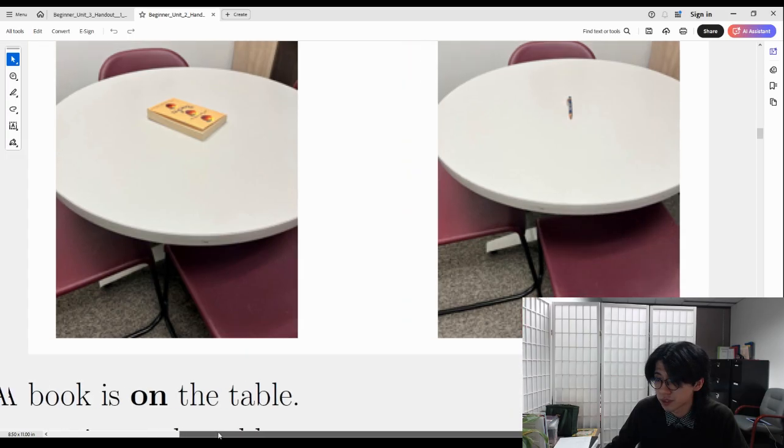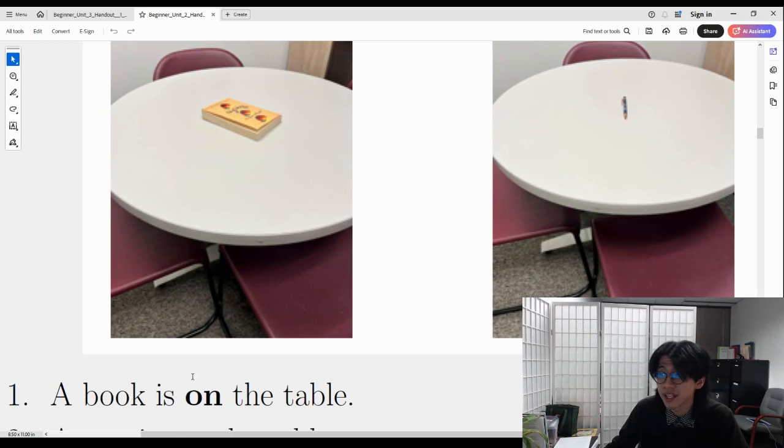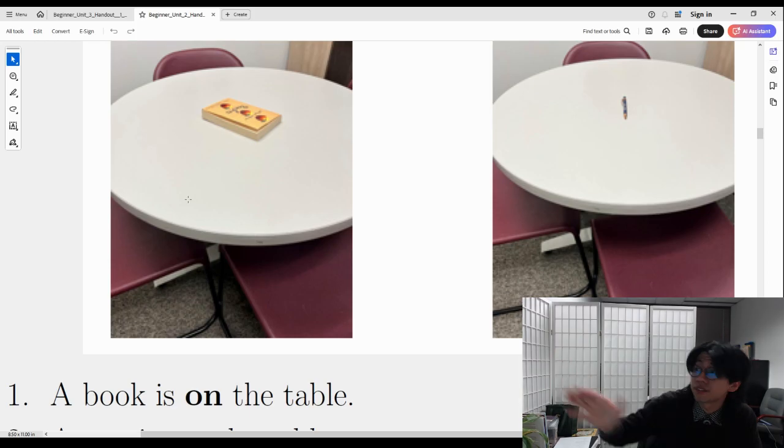Let me move this around. A book is on the table, just like this down here. Because the book is physically touching the table, a book is on the table. Number two, next one. We have a pen on the table, right?